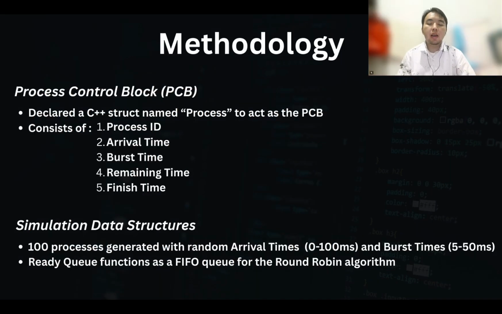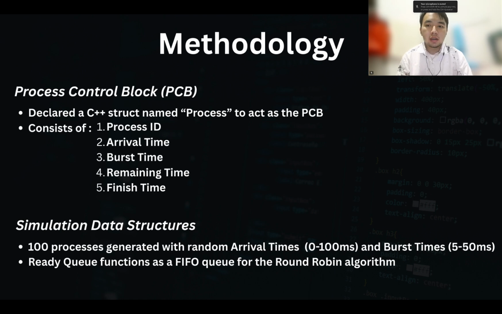Hello, I am Gabriel Gerrard Anak Tagong, 102478, and I will be leading the methodology and implementation part. Our goal was to create a simulation that was statistically significant. We implemented a custom process control block, the PCB, using a C++ struct named process.